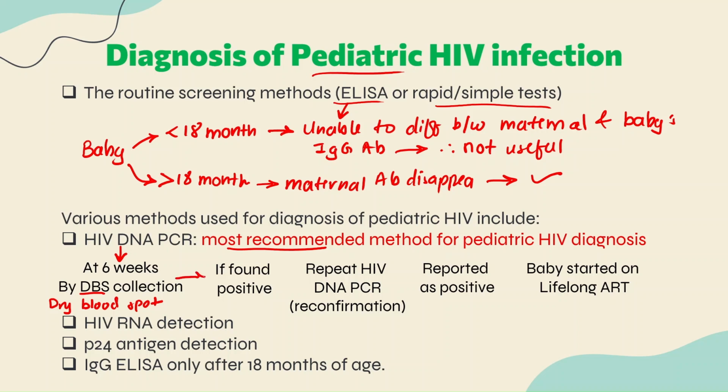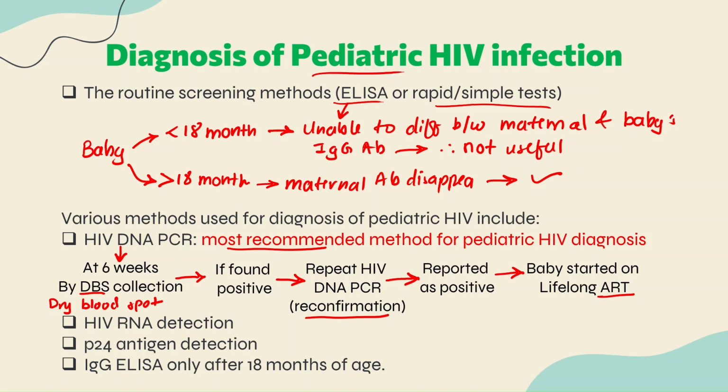If the result comes out positive, we have to repeat the same HIV DNA PCR for reconfirmation, and only then can we report the baby as positive. Thereafter we have to start the baby on lifelong antiretroviral therapy. So that was the details of HIV DNA PCR.